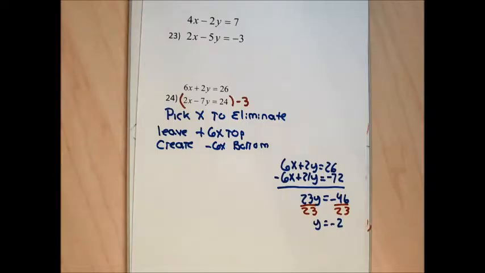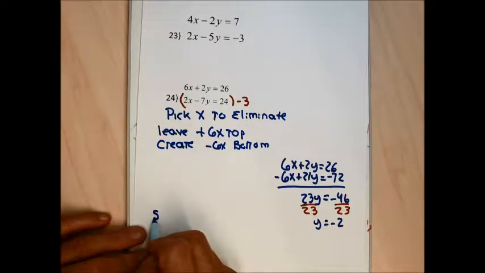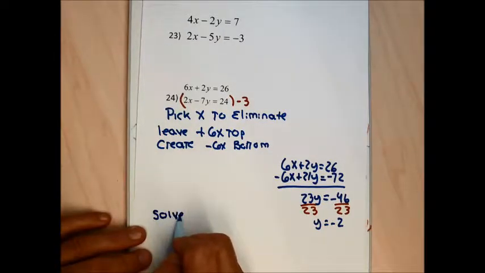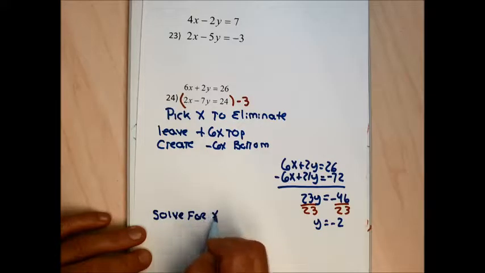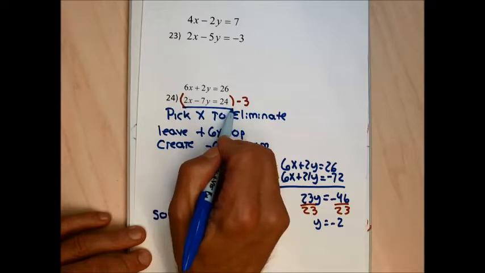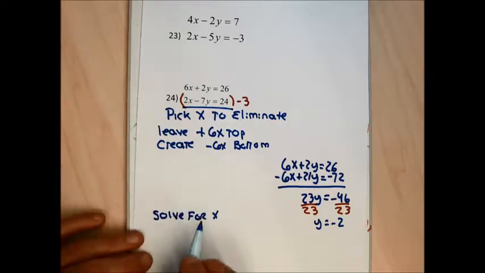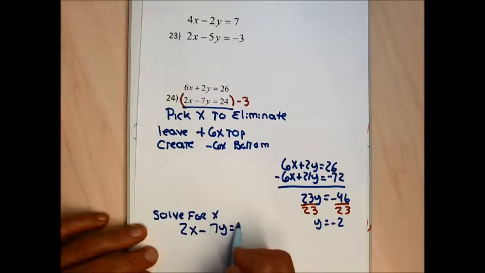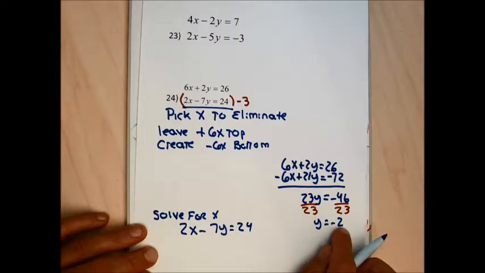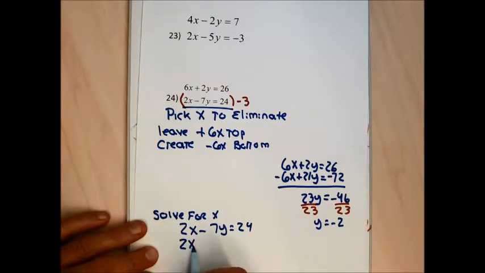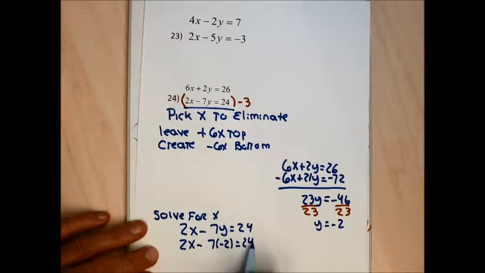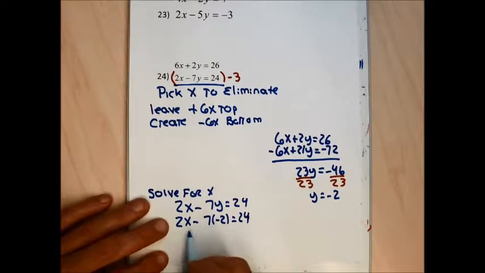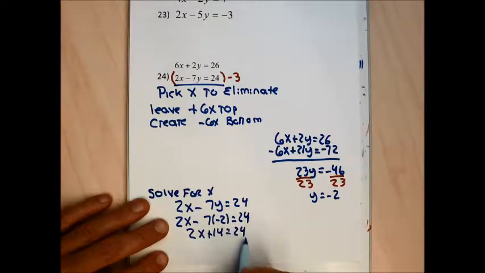Now I need to solve for x. I can use any equation that has an x. They all will give me the same answer. I'm going to use that equation just because it has small numbers in front of the x. So I'm going to use 2x minus 7y equal to 24. I'm going to plug negative 2 in for y and get 2x minus 7 times minus 2 equal to 24. That will give me 2x plus 14 equals 24.